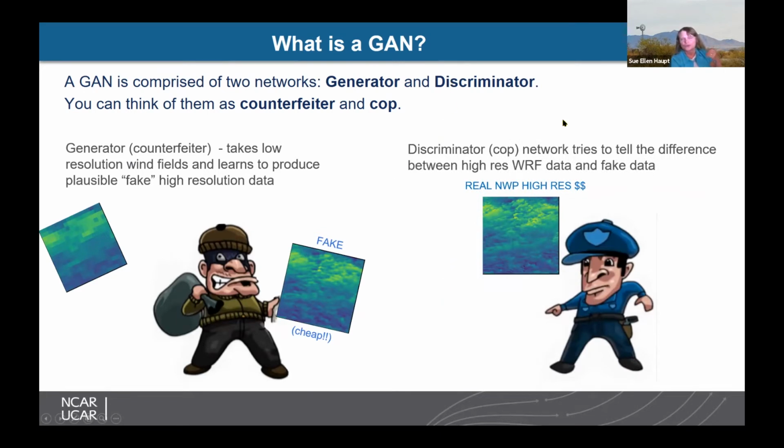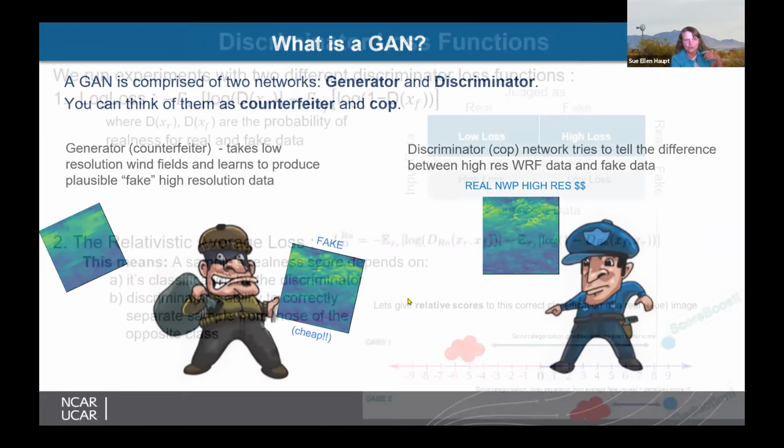And that's where the discriminator comes in, where it judges whether it is real data generated by that 30-meter resolution WRF-LES run, or whether it's a fake produced by the generator. And by doing this two-step process, we can get more details in that fine resolution generated case.